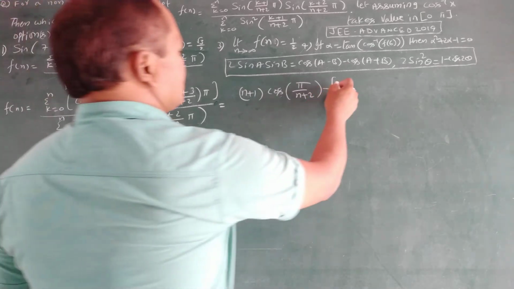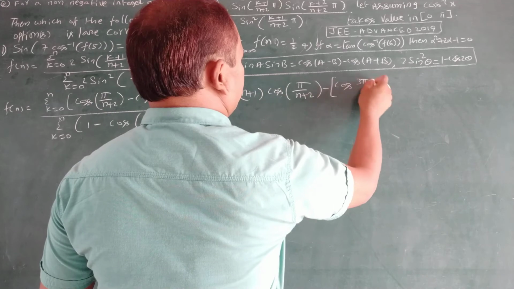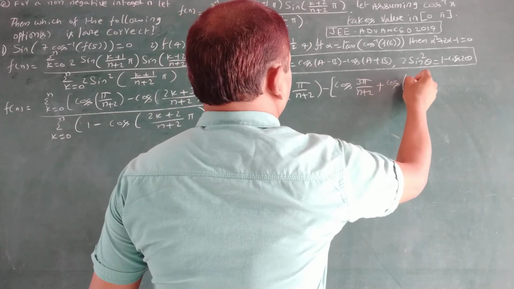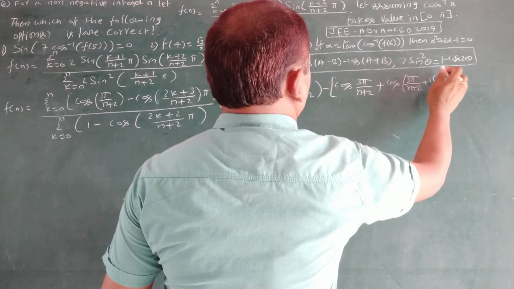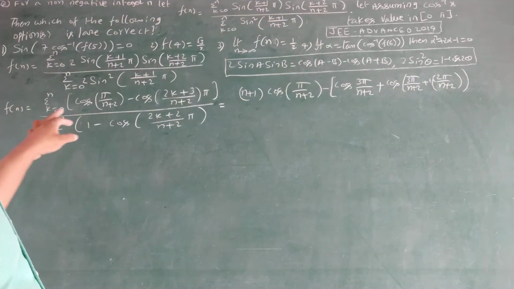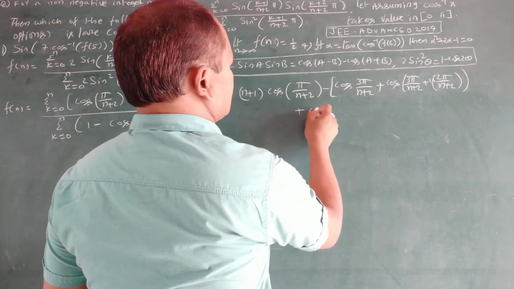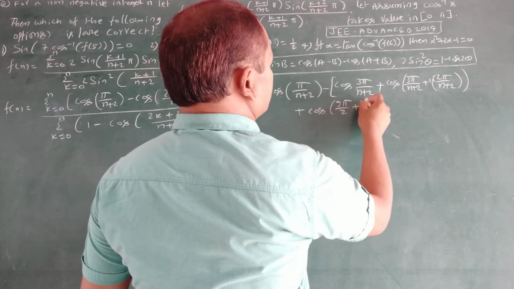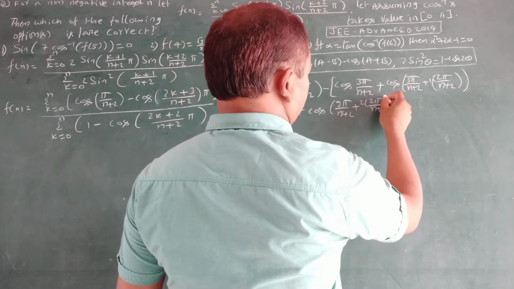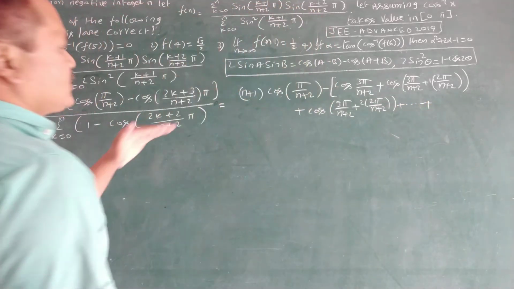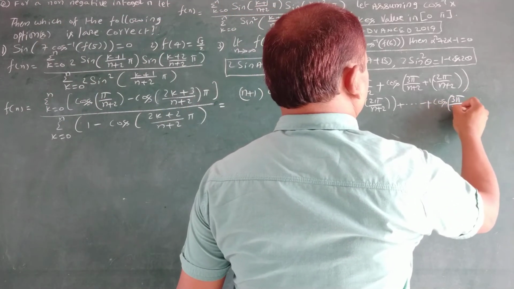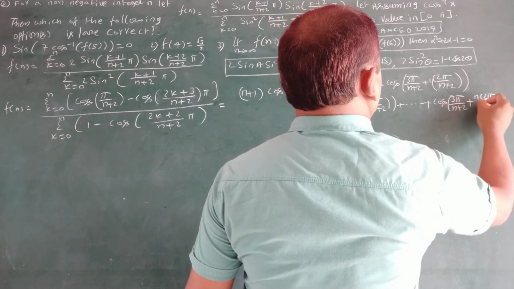For k = 0, it is cos(3π/(n+2)). Plus, for k = 1, cos(3π/(n+2) + 1·2π/(n+2)). For k = 2, plus cos(3π/(n+2) + 2·2π/(n+2)), and so on up to the last term. Since k goes up to n, the last term is cos(3π/(n+2) + n·2π/(n+2)).